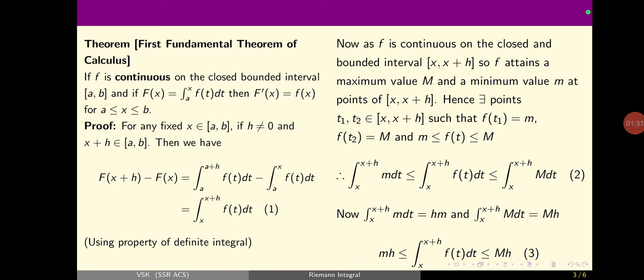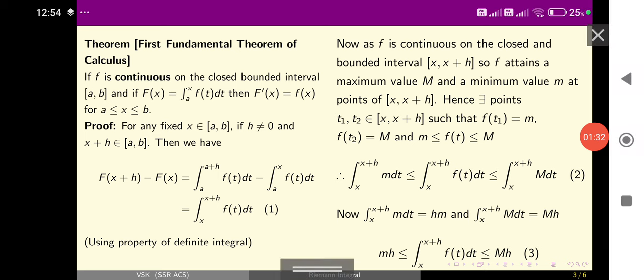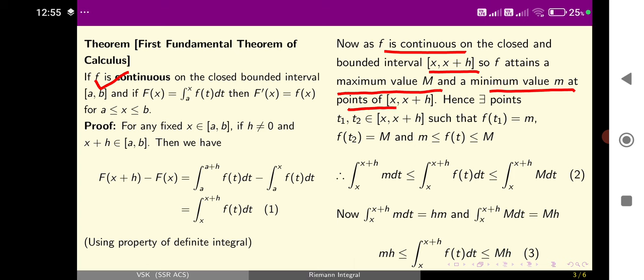Now, as f is continuous on the closed and bounded interval [x, x+h], because it is given it is continuous on [a, b], and this is a subinterval of [a, b], f attains a maximum value, say capital M, and a minimum value, say small m, at some points of [x, x+h].